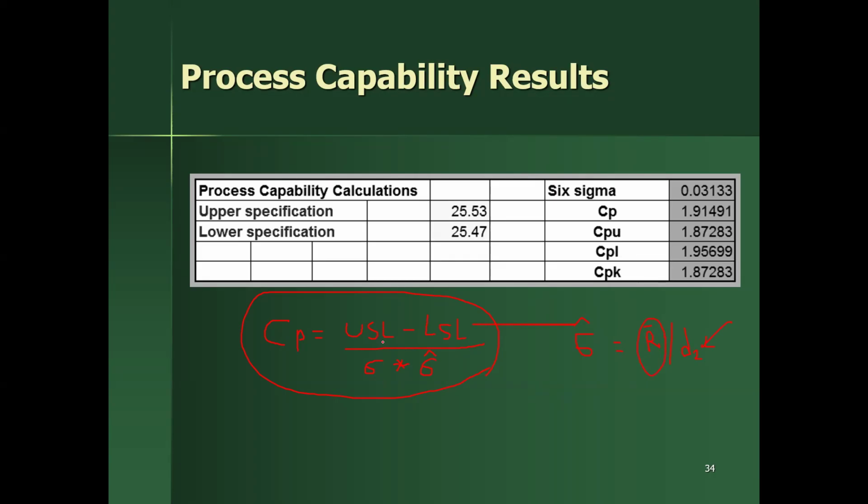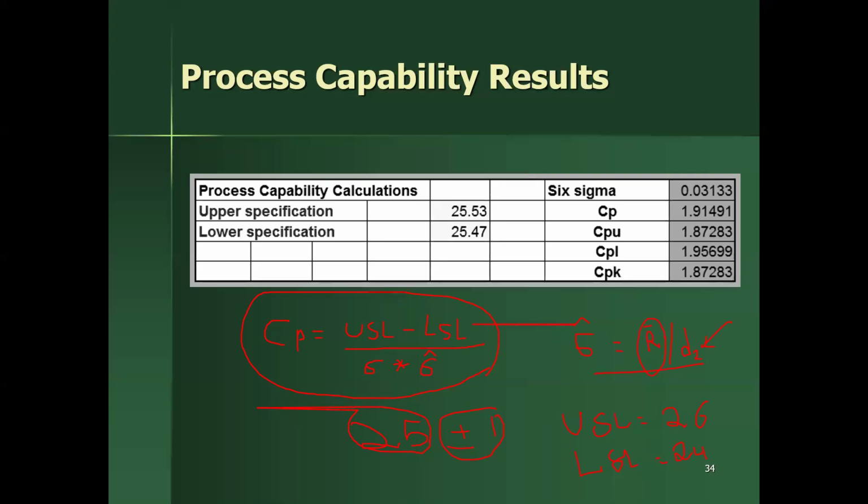The upper specification limit: you will be given the tolerance. Let's say the tolerance is 25 plus or minus 1. So the upper specification limit is 26, which is 25 plus 1. The lower specification limit is 24, for example. It depends on the tolerance and the average, which is given. So you subtract this, and then you already calculated this.